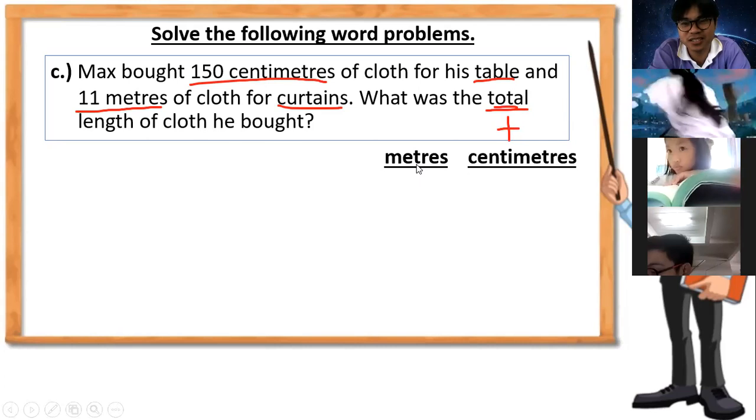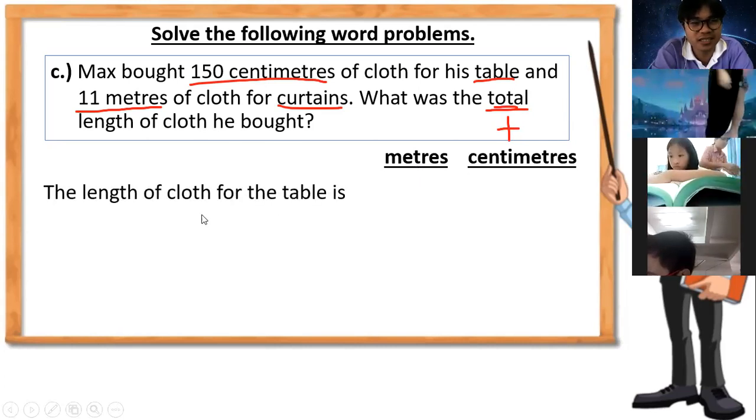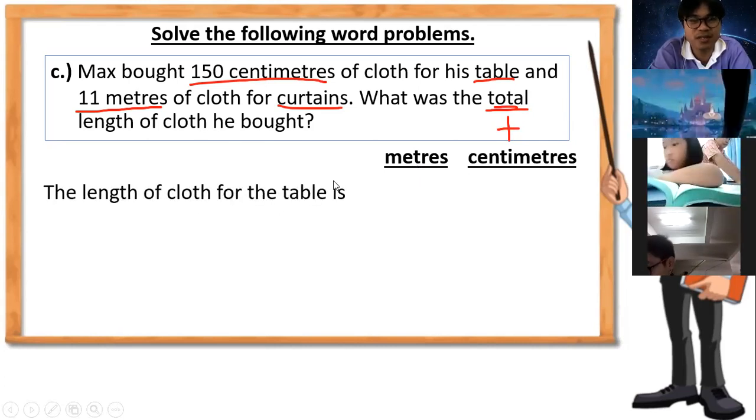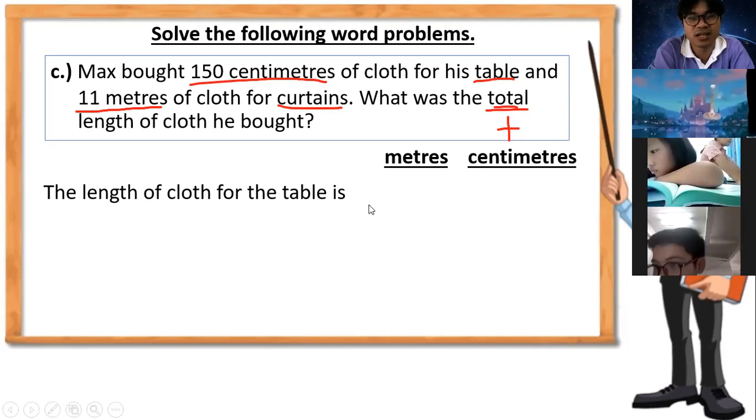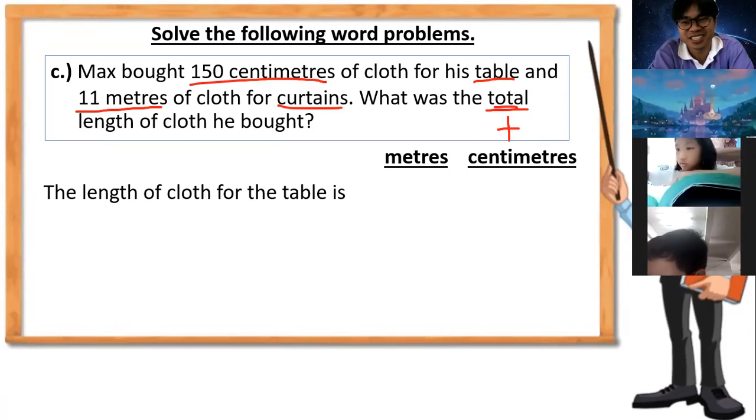Meters, centimeters. First line, the length of the cloth for the table is 150 centimeters. How many meters in 150?